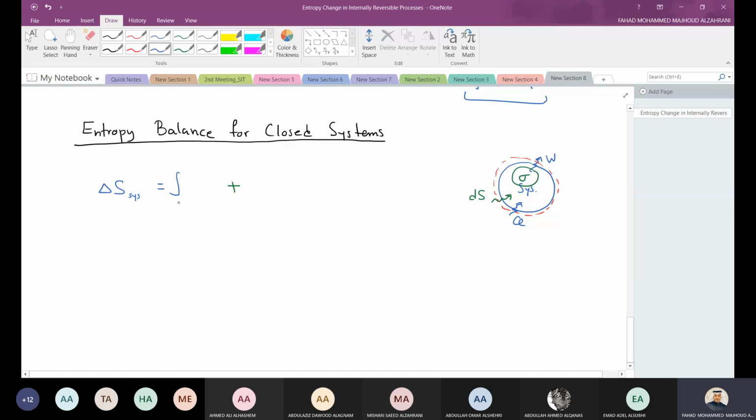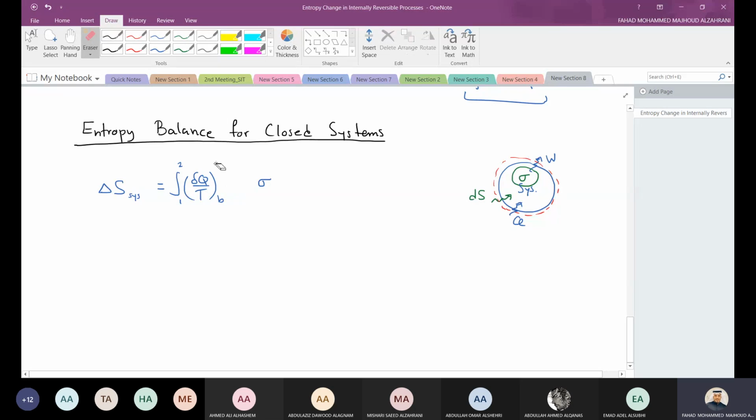The integral, right? Yes: the integral of δQ over T, dQ over T. Yes. Okay.